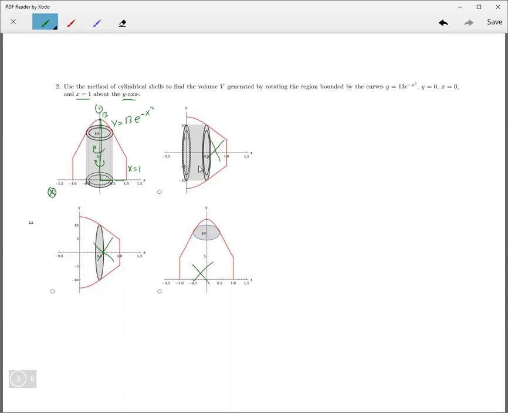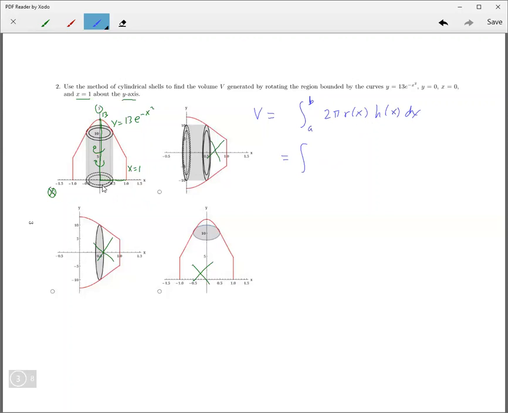So, cylindrical shells. You remember that the formula is the integral from a to b of 2 pi r of x h of x. That's when we're revolving about a vertical line, then you're in x's.